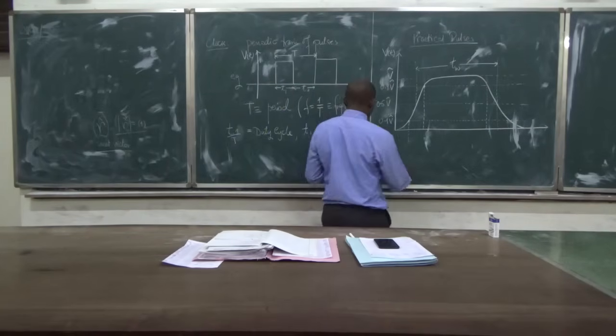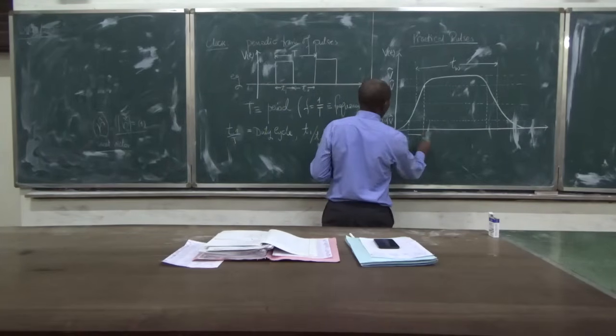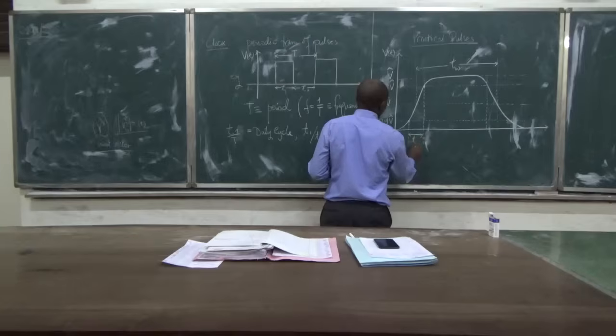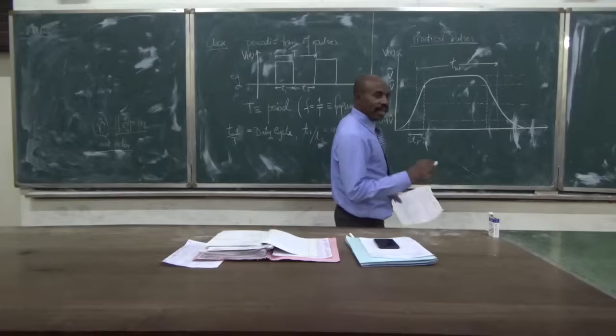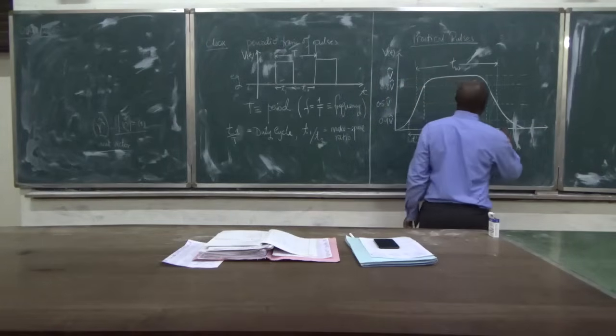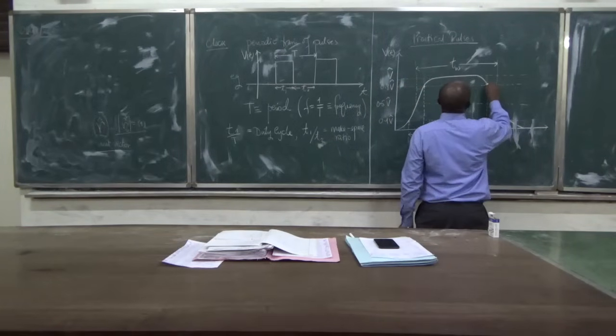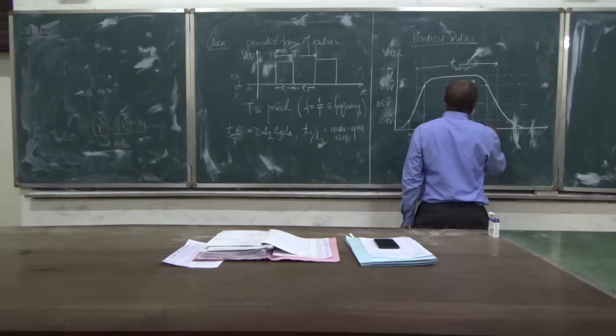And then during the fall, the time between the 90% and the 10% is the TF.